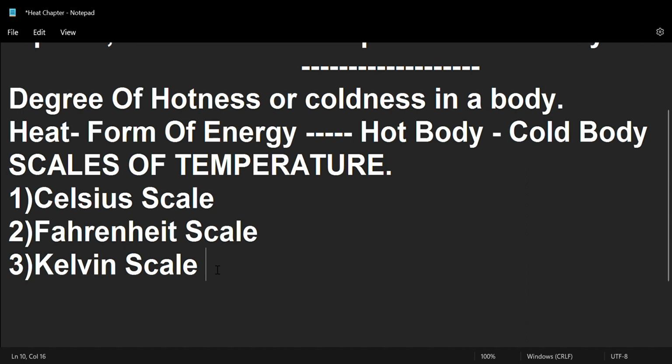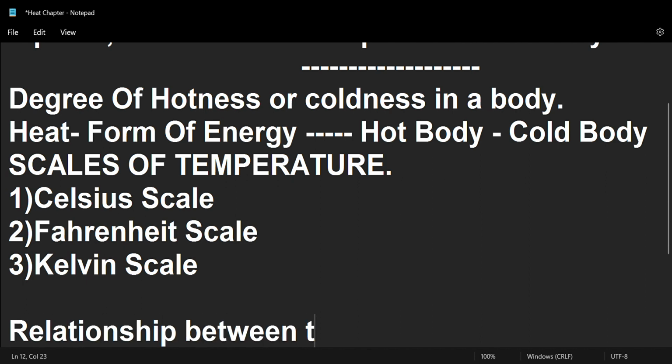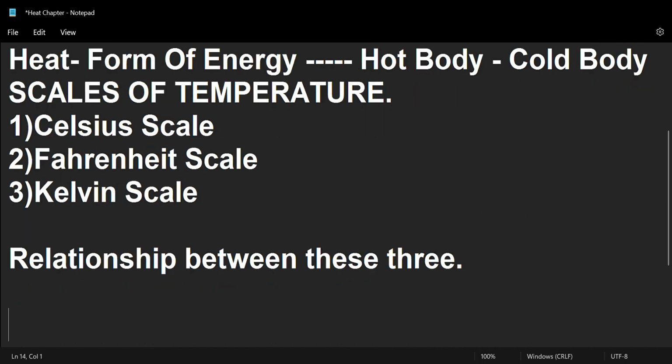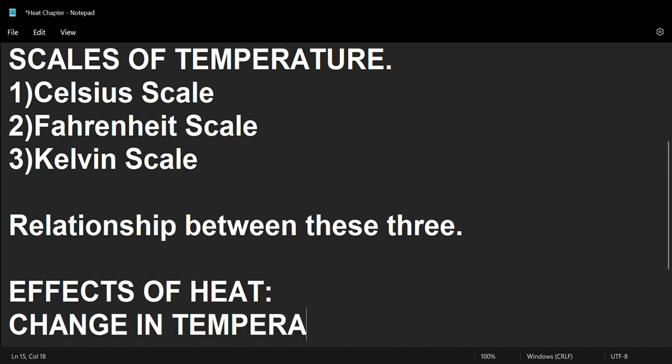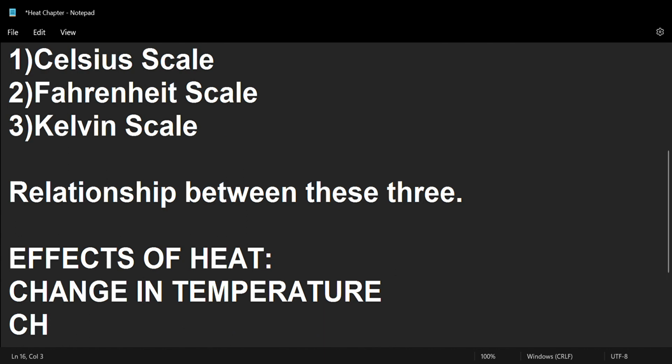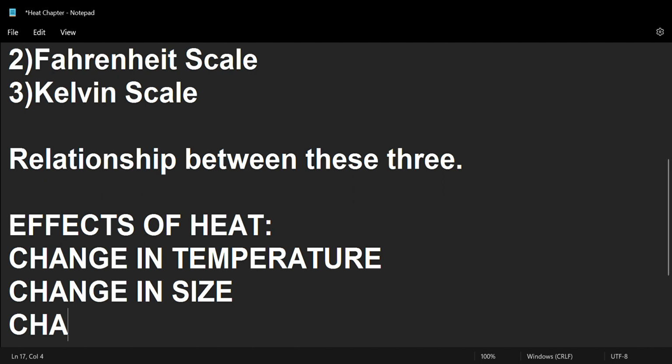The scales of temperature we have done. Next, we have done the relationship between these three, and then we have also learned the effects of heat. Effects of heat can be divided into three types: change in temperature, change in size, and also change in state.